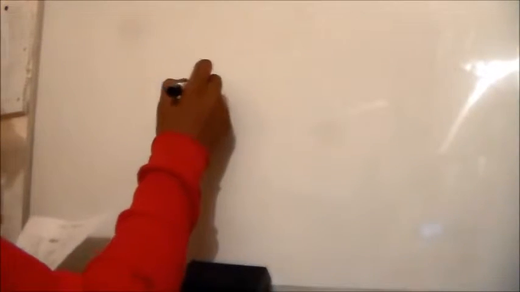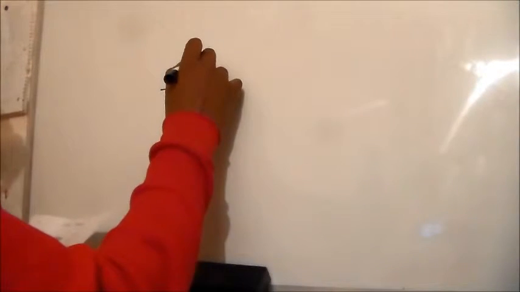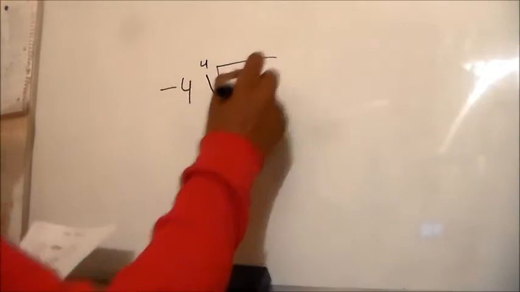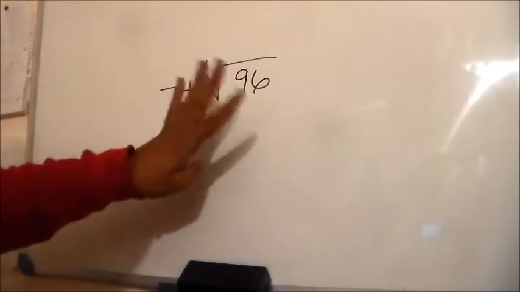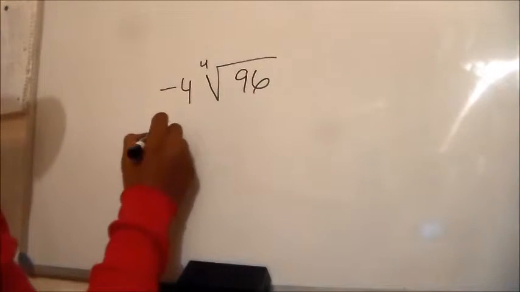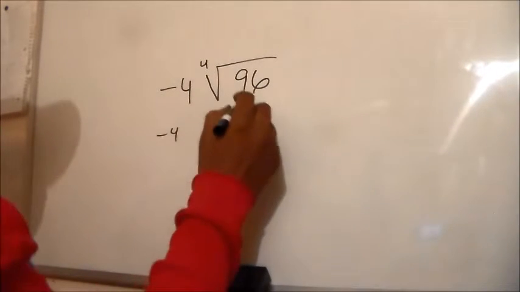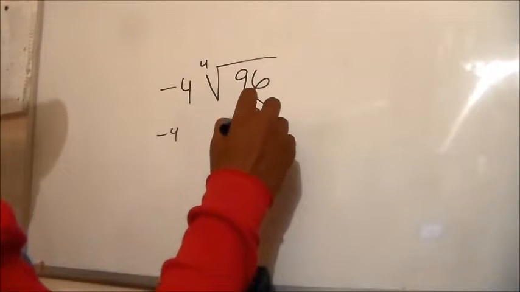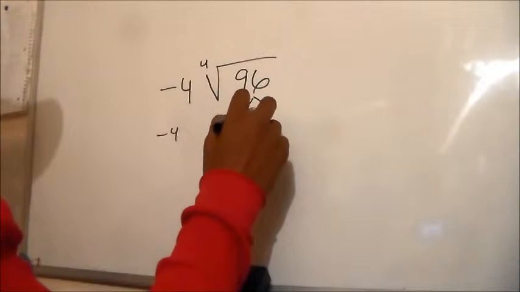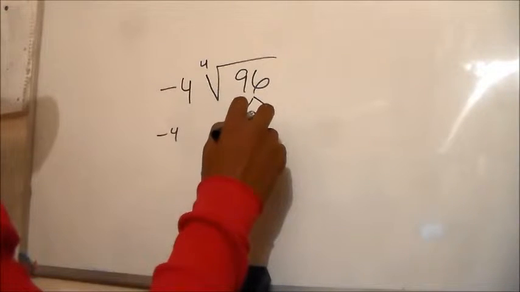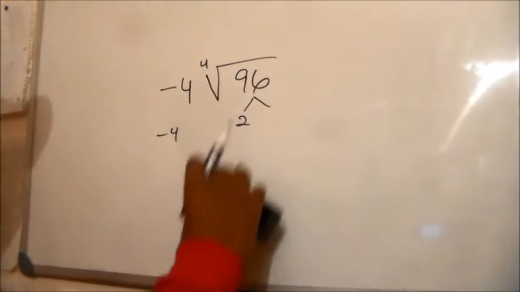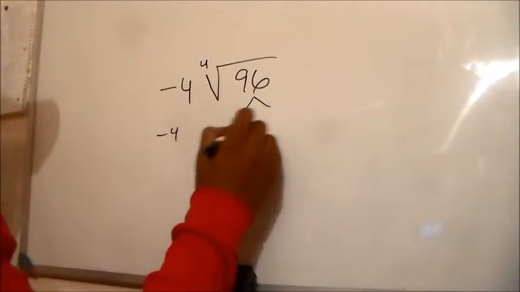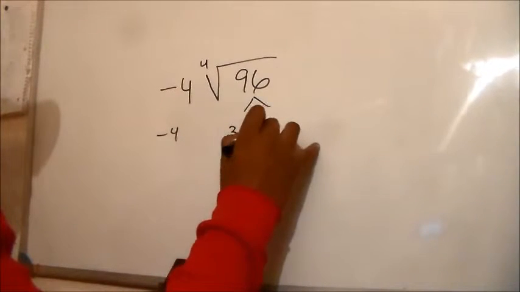What if we get a 4 on the outside? And a 4th root of 96. Since we have the 4th root, we need 4 continuous factors. So we'll just put this out to the side. We won't deal with it right now, but we will deal with 2. An even number, no, I don't like that because we need to step down 4. So let's try 3, 32.